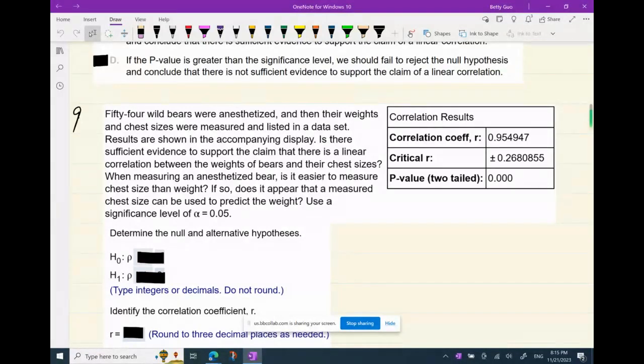When measuring a sleeping bear, is it easier to measure the chest size than weight? Probably. If so, does it appear that a measured chest size can be used to predict the weight? If there's a linear correlation, use a significance level alpha equals 5% to test it.